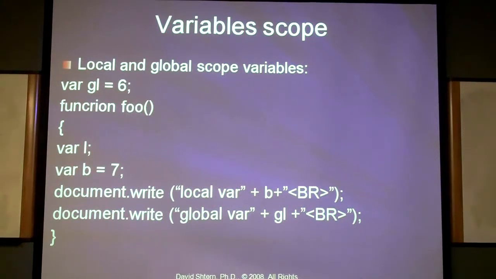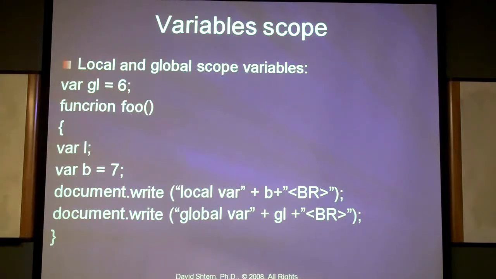As soon as I created this block, I have these two variables declared within the block, and as such they are called local ones. I also have another variable which is declared outside of the block. In this case the variable is GL, and its value is 6. JavaScript executes the statements from top to bottom. Now it enters this block, and these variables are instantiated, or created, and then something happens here.